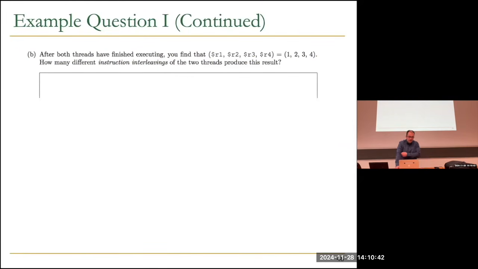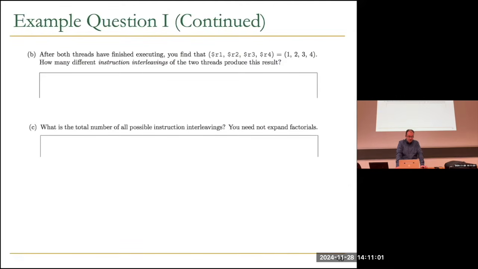The next part is that after both threads have finished executing, you find that these values for these registers, how many different instruction interleavings of the two threads produce these results, essentially. This is also not that hard, but you need to basically spend some time in solving these questions, of course.